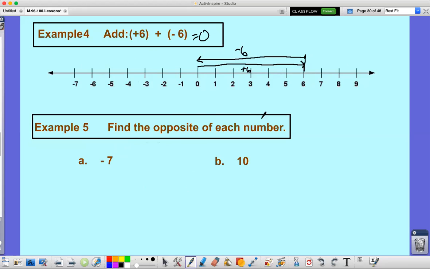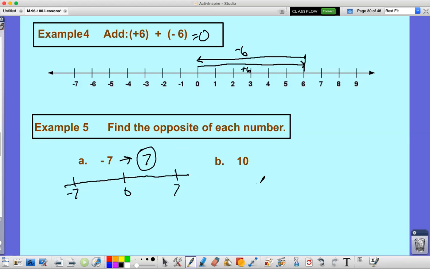Let's find the opposite of each of these numbers. So basically, if you're at negative 7, you know that that's like over here on a number line. And then 0 would be right here. Here's negative 7. What would be the opposite? Well, it has to be on this side of the number line. It has to be the same distance away as negative 7 was from 0. And hopefully that's pretty simple.